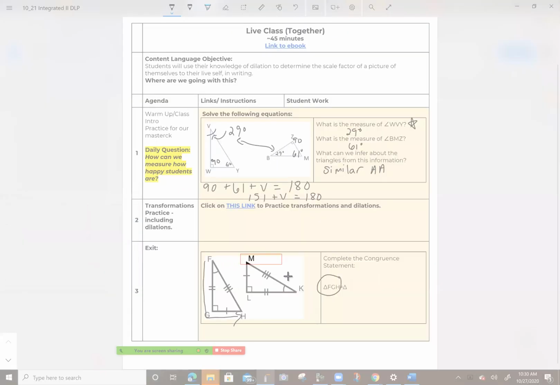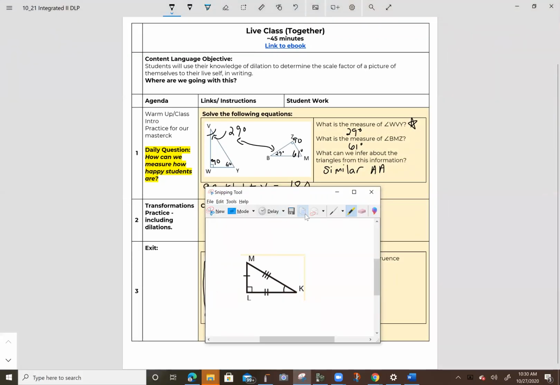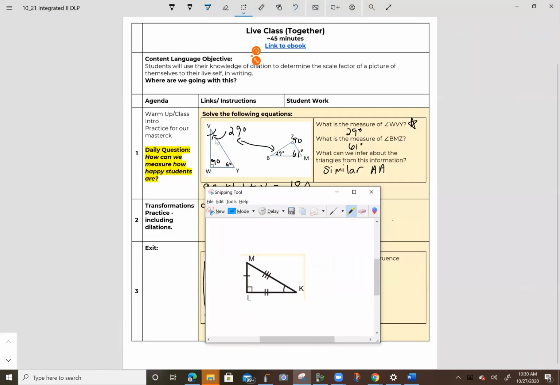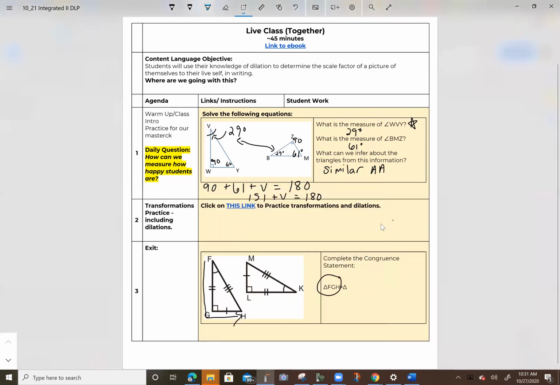When we're talking about congruent shapes, we're talking about turning this shape. Let me try that one more time.